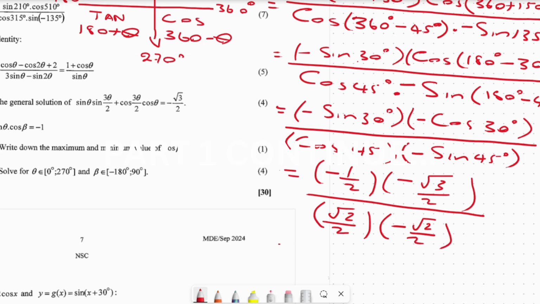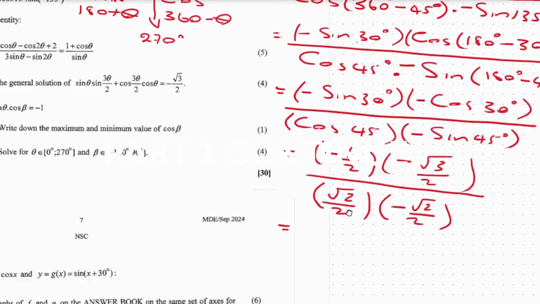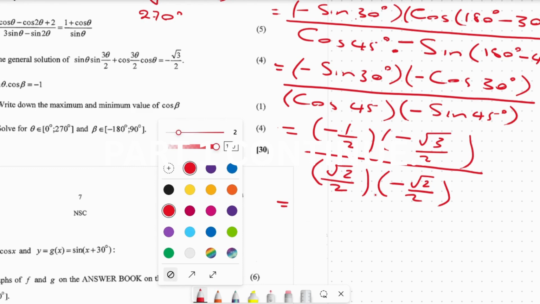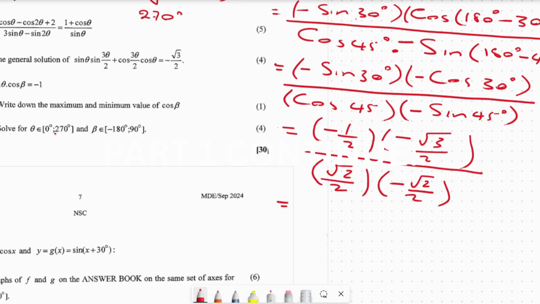So this is what I'm going to have here. Then from what I have here, I can simplify this further. My final answer will be negative √3 over 2. So that would be my final answer.